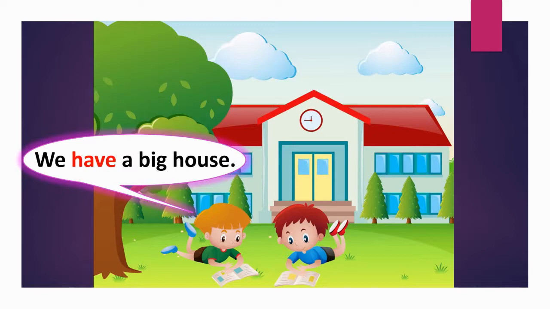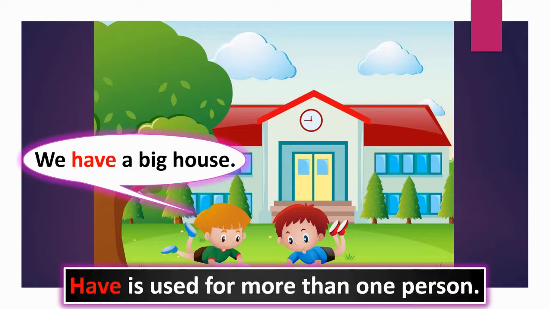So have is also used for more than one person. There are two boys, so that's why we have used we. They are saying we, so we are using have. We have a big house, because we are using it for more than one person. Okay.